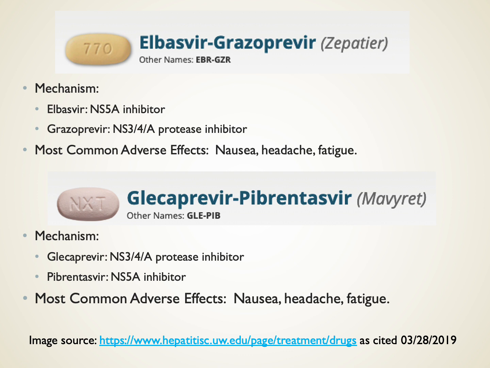The common side effects are usually headache, nausea, and fatigue. Another combination product, with another protease inhibitor in combination with an NS5A inhibitor, is Mavyret, and that is also widely available as part of one of the protocols as well.